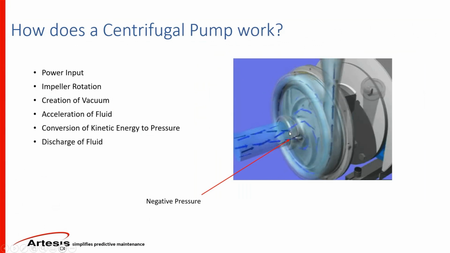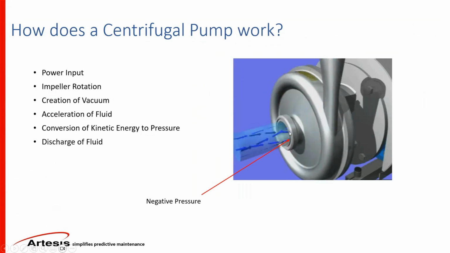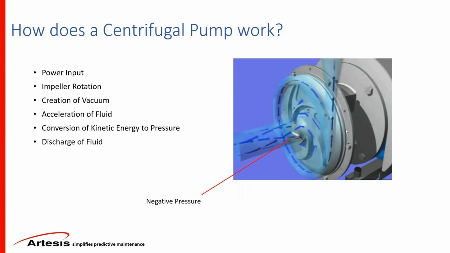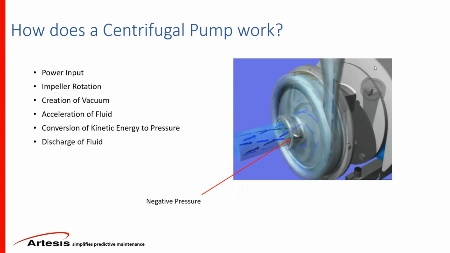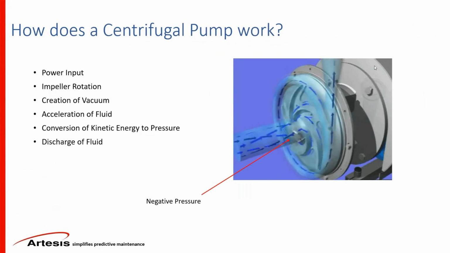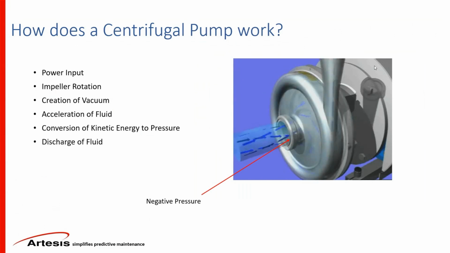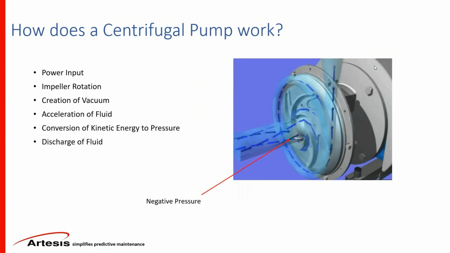So this is how you create the inlet suction power, and then you transfer that through the outlet and discharge it to another location, which is usually the high pressure zone.